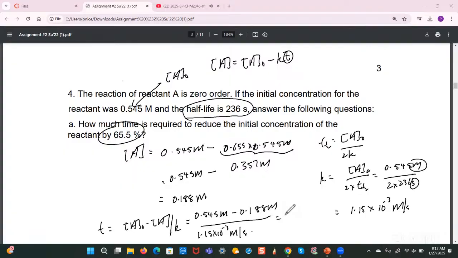So let's see what that gives. 0.545 minus 0.188 equals that divided by 1.15 times 10 to the minus 3. And according to my calculations, rounded off to 3 sig figs, the answer is going to be 310. And the units, these will cancel out, would be seconds. Should be a decimal point here to make that 3 sig figs. All right? And that's basically how that is done.